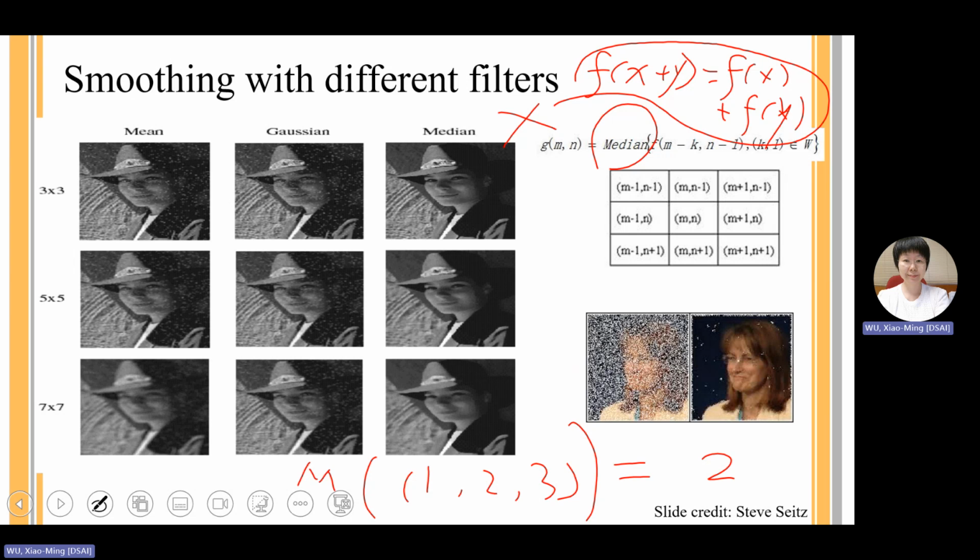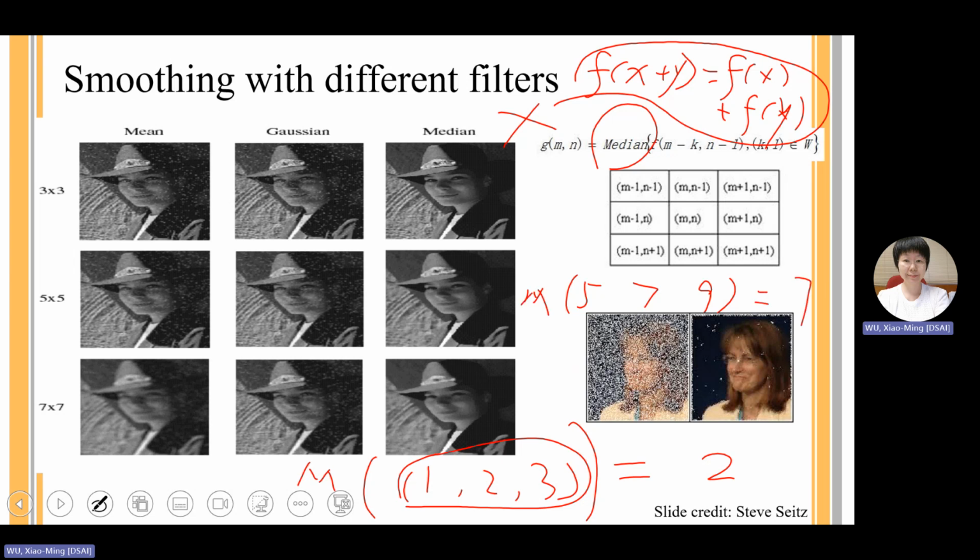Then let's say we have another image, 5, 7, 9. What will be the median filter? The median filter will return 7.